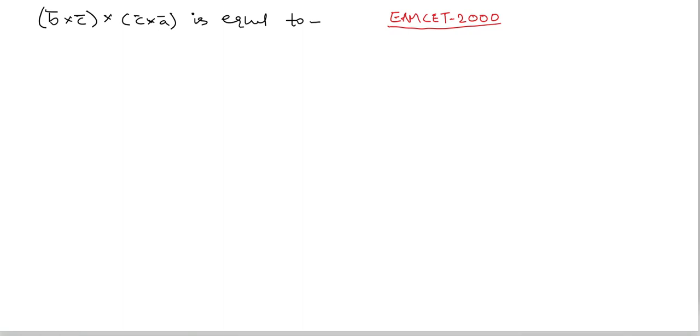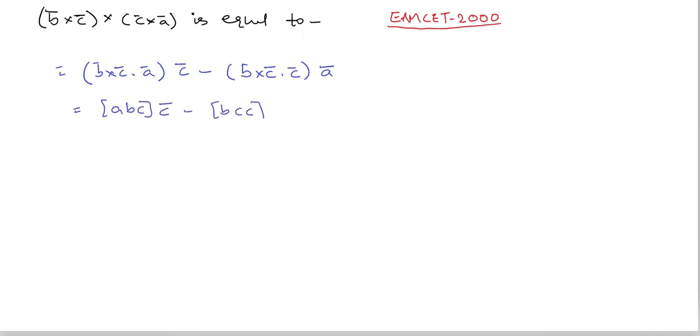b bar cross c bar cross a bar is equal to dash. This is MSET 2000 question. This is the formula. From the formula, this is written as b bar cross c bar dot a bar into c bar minus b bar cross c bar dot c bar into a bar, that is equal to box abc into c bar minus box bca into a bar.